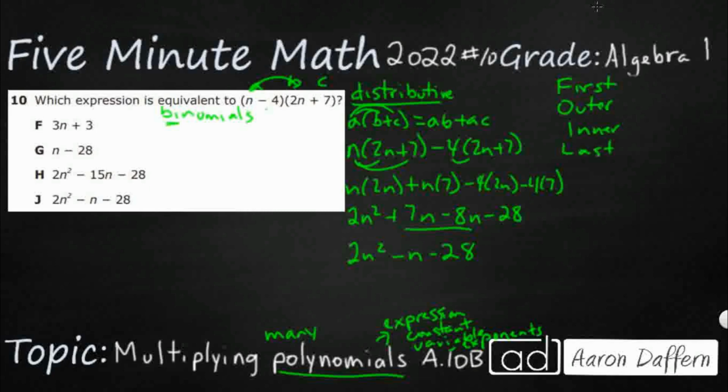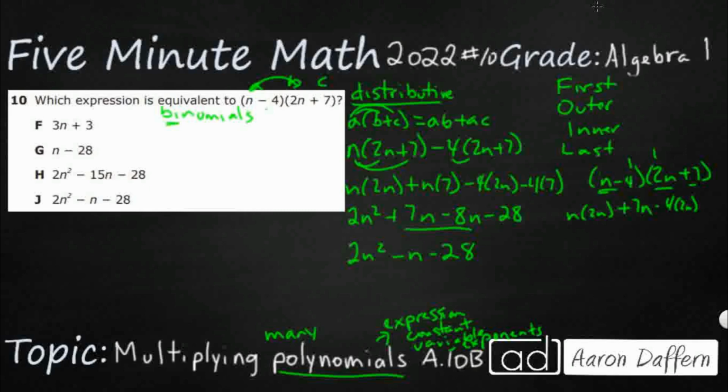So we're going to take our two binomials, n minus 4 and 2n plus 7. Take our first terms, that's n and 2n. Then we take our outer terms, that's the n and the 7. Then our inner terms, that's minus 4 and 2n.